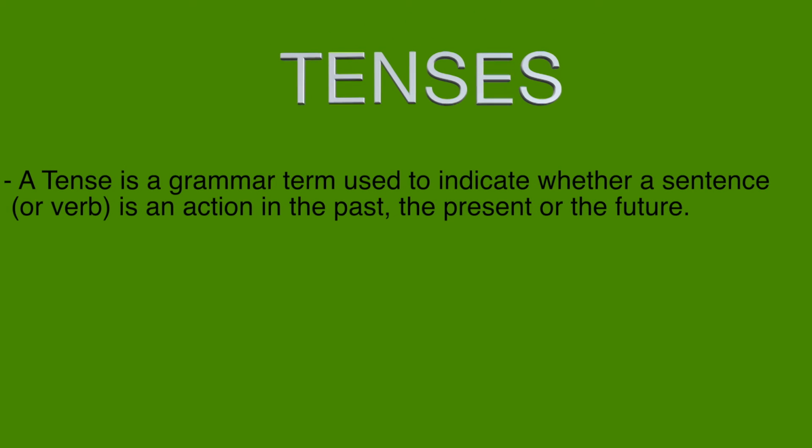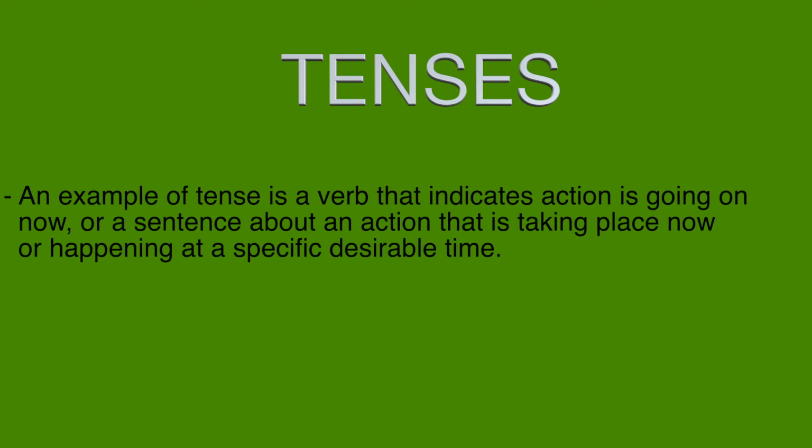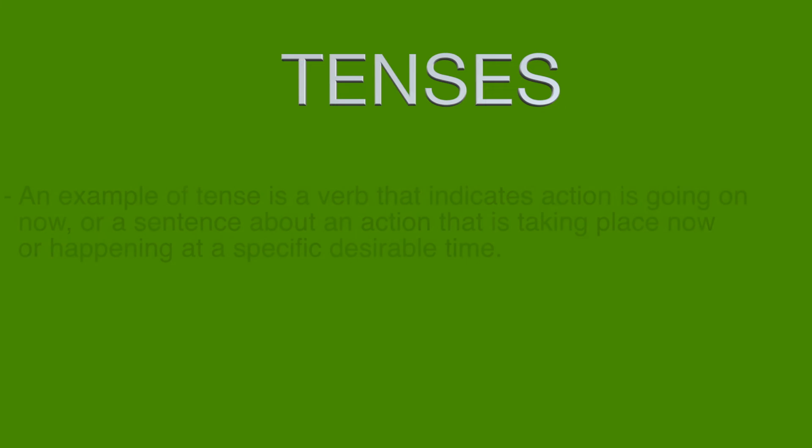A tense is a grammar term used to indicate whether a sentence is an action in the past, the present or the future. An example of tense is a verb that indicates action is going on now, or a sentence about an action that is taking place now or happening at a specific time.